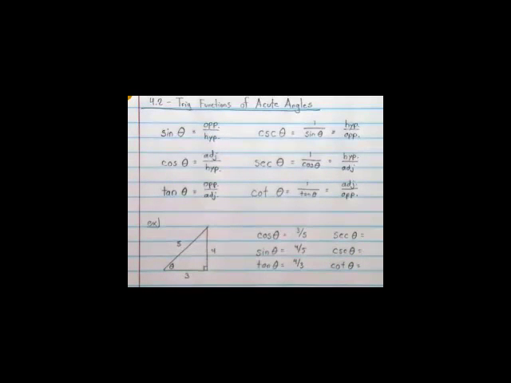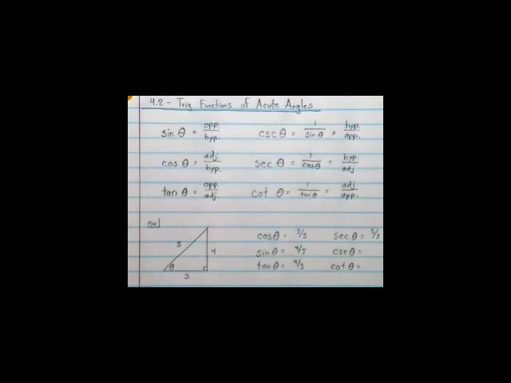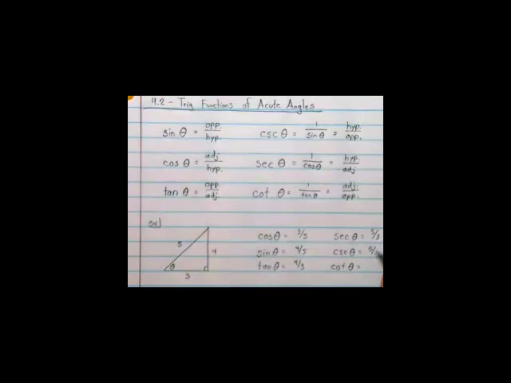All right. Heidi, secant. 5/3. Good. Garrett, cosecant. 5/4. And she's not here. Emma, cotangent. 3/4. Okay.